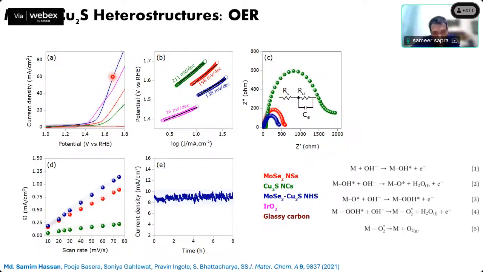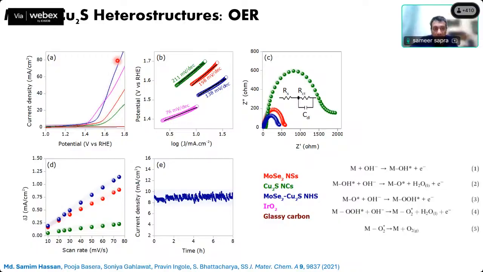Now, if you're going to work with these materials, you're not going to work at small current densities. You typically work at a few hundred milliamperes per centimeter square, at least 500 milliamps to 1 ampere, something of that range.